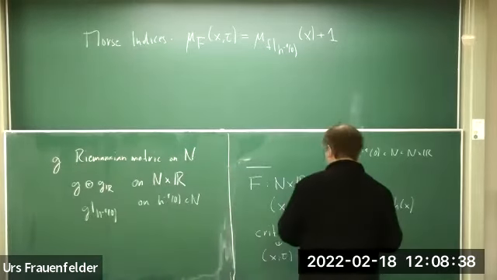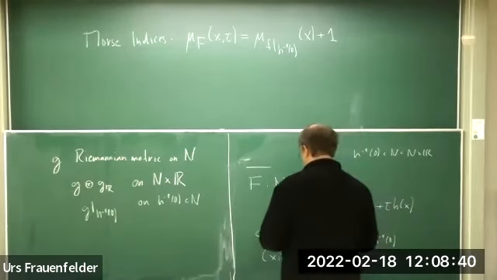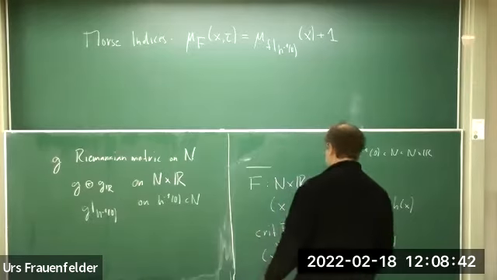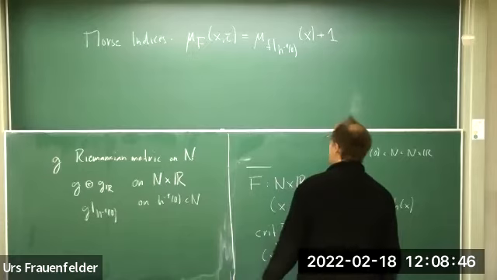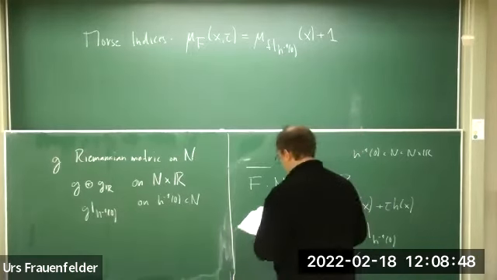And now for the gradient flow lines. First, what are the gradient flow lines for capital F?